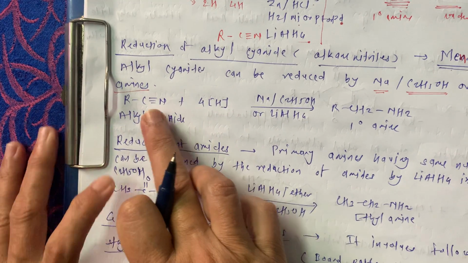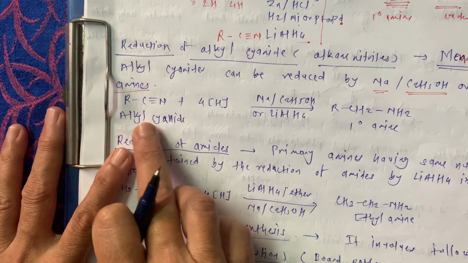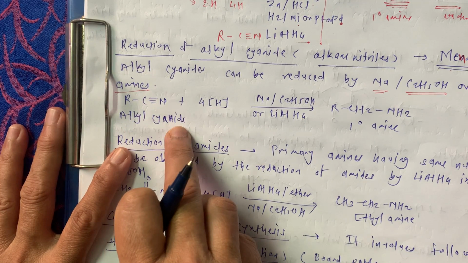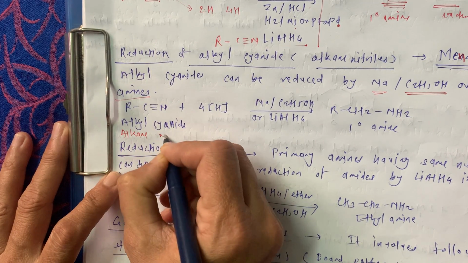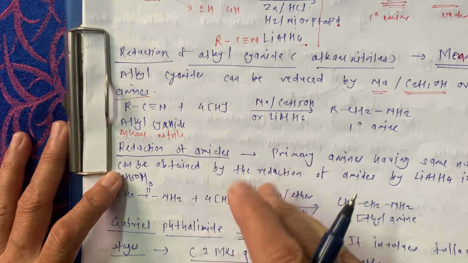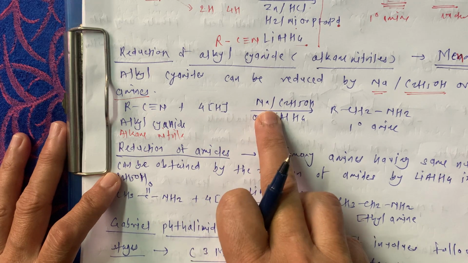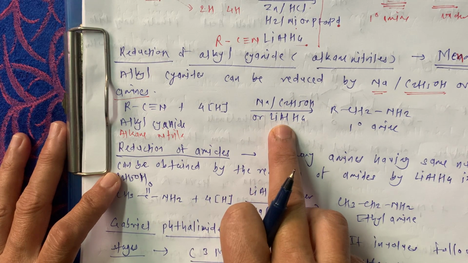See now, this is R C triple bond N, alkyl cyanide or alkane nitrile, reduced by sodium in ethyl alcohol or lithium aluminum hydride.